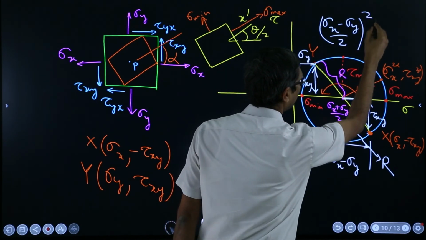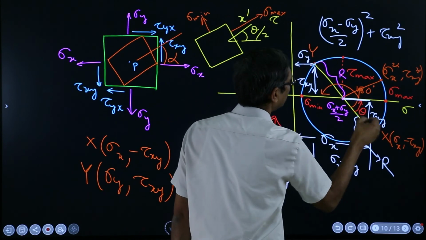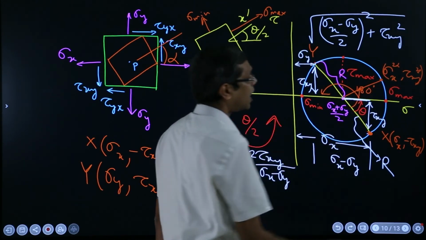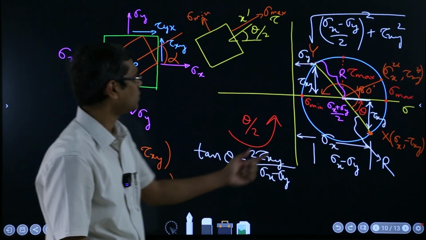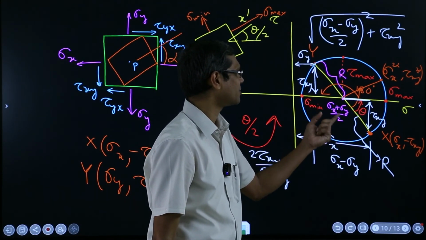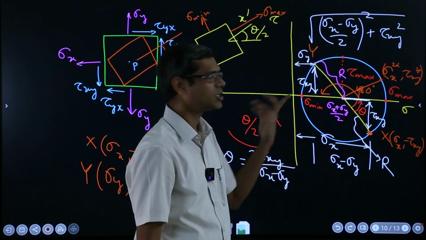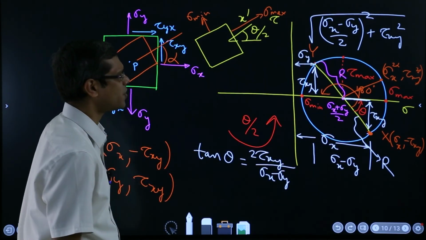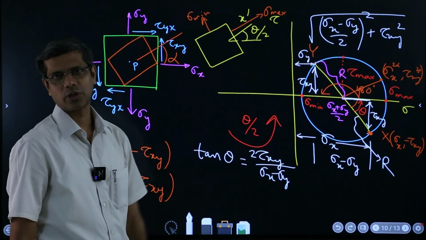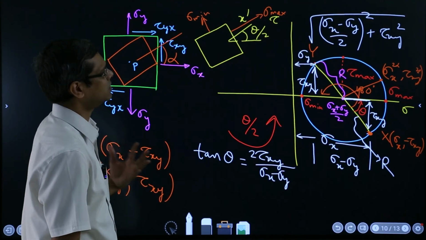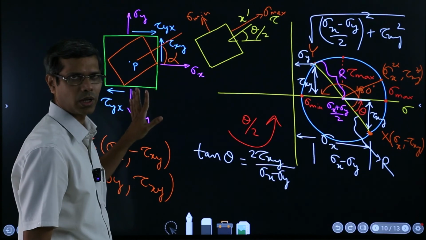So its square plus tau xy squared, under root. So that's the r, which is the value of the maximum shear stress. And you add that length to sigma x plus sigma y by 2, you get the maximum sigma. You subtract that from this average, you get the minimum sigma. So all the information is available on a single picture once you draw the Mohr circle. That's how this picture is so beautiful and so informative once you have drawn it properly.